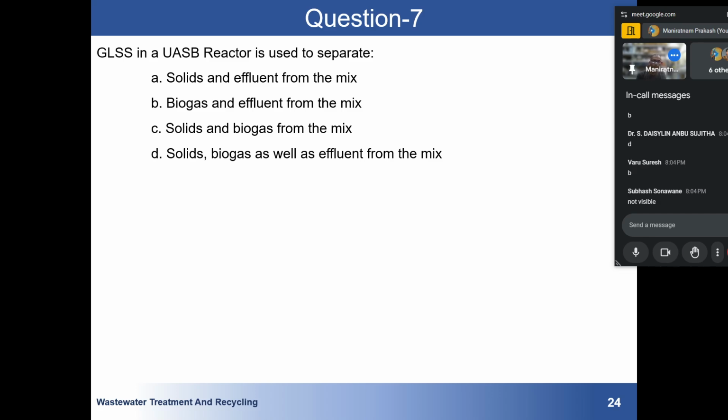So we have two answers, and one is not visual. What is not visible here? Is my screen, you all are able to see my screen, na? Someone has said not visual.